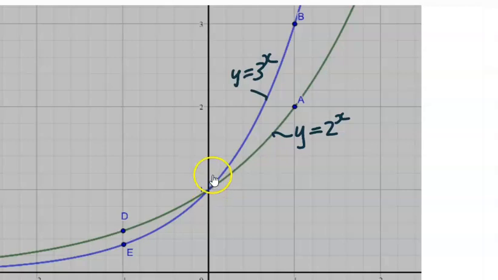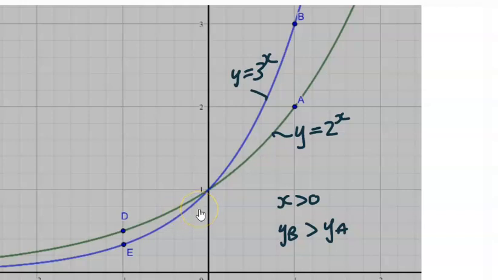On the right hand side, when x is positive, when x is greater than 0, then the blue graph will be above the green graph. So y of b will be greater than y of a, but on the left hand side the green graph is above the blue graph.